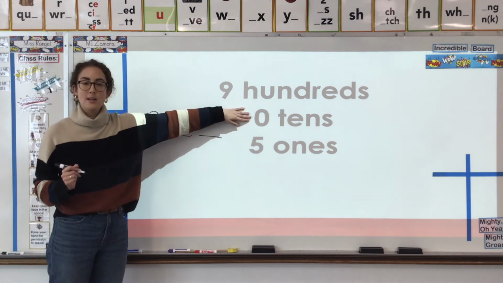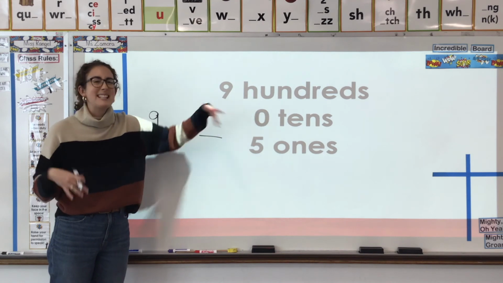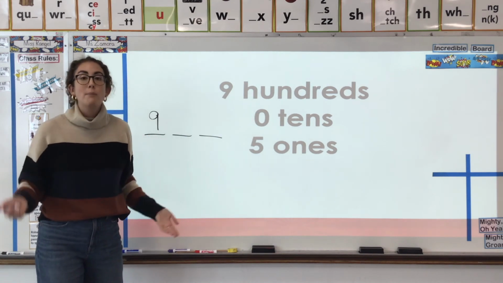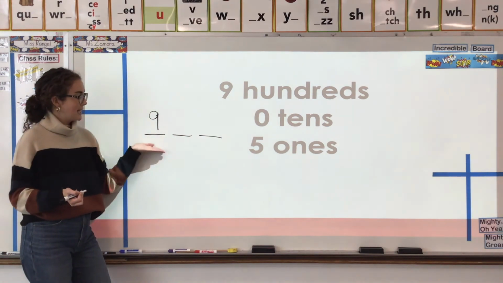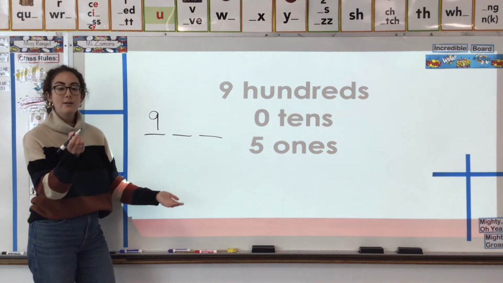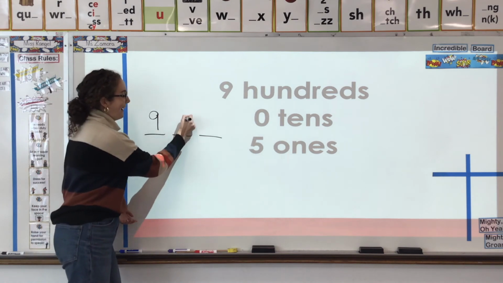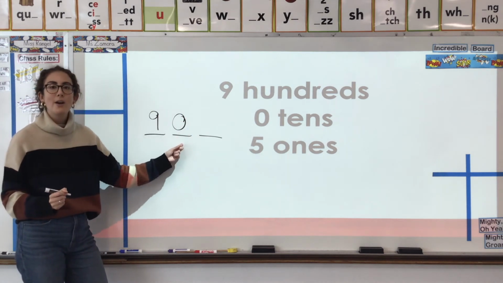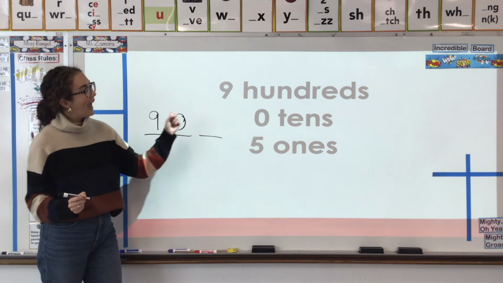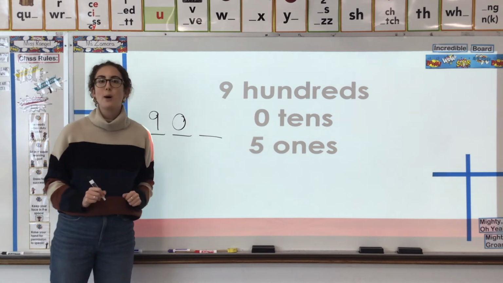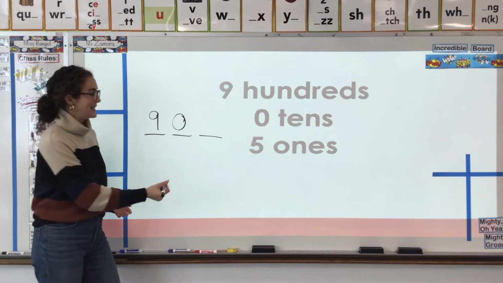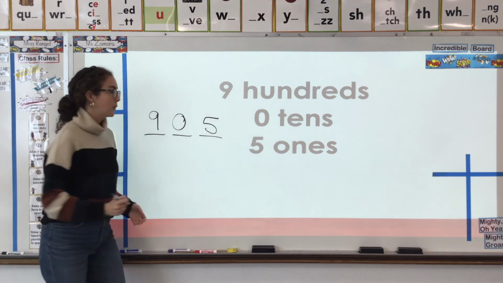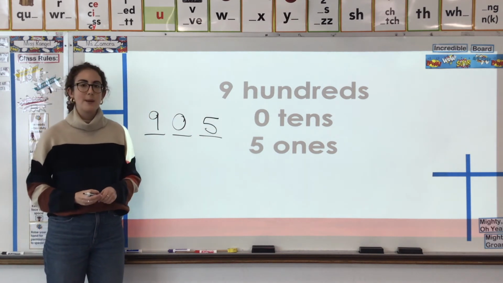How many tens are there? 0, there's no tens, but we still need a digit to hold that place. So where's the tens place? Can you write in your 0? Awesome, we're writing our 0 in the middle, that's the tens place. And then last but not least, how many ones are there? There's 5 ones exactly. And at the end, we're going to write our 5 in the ones place.